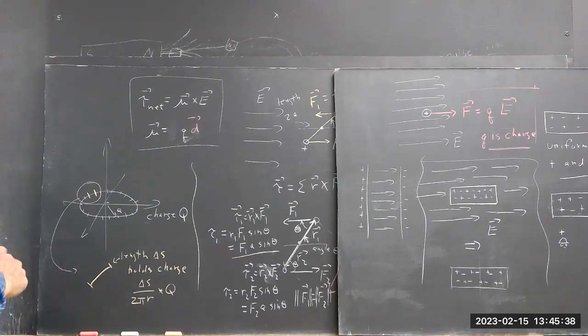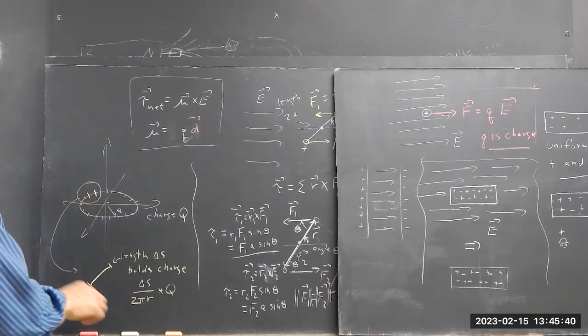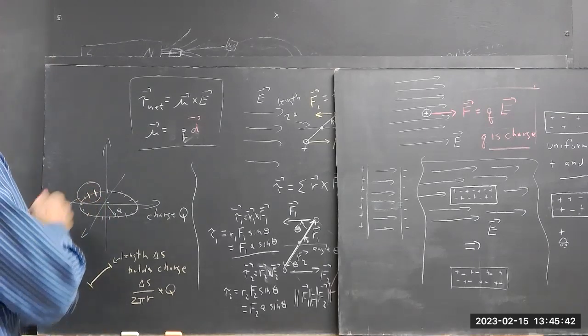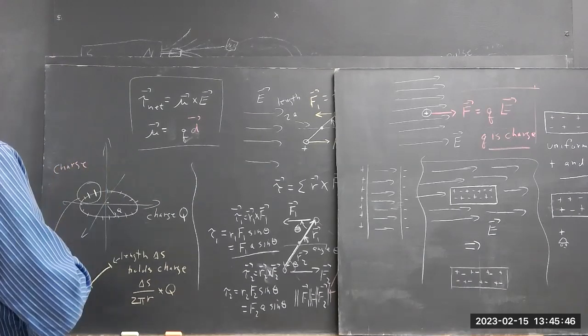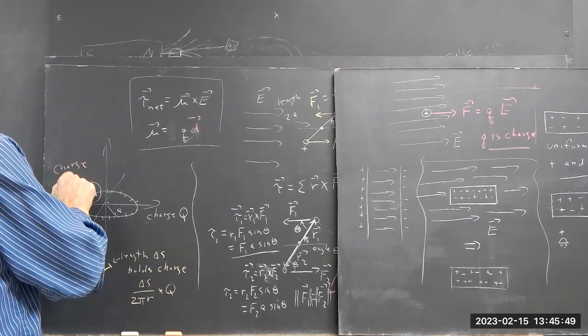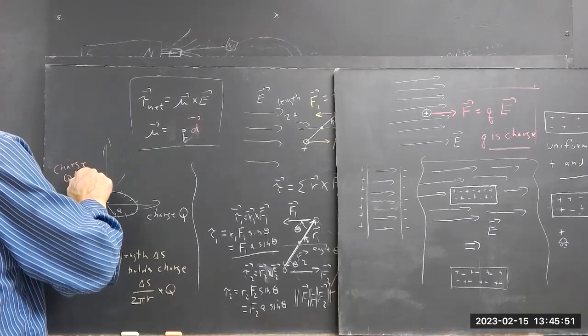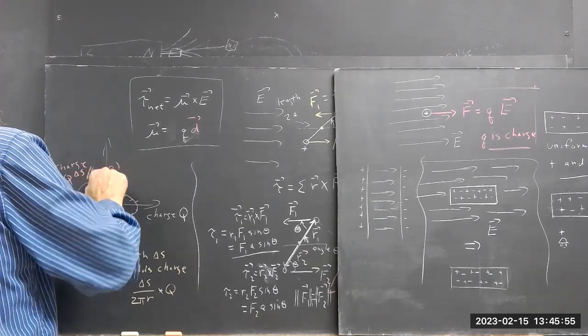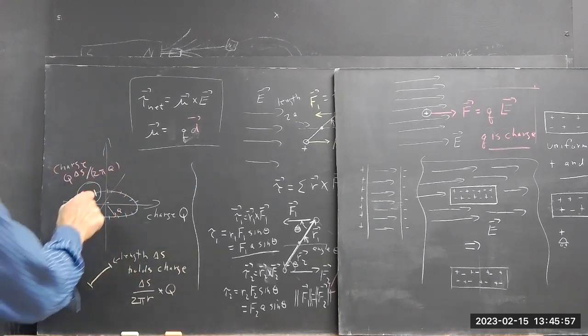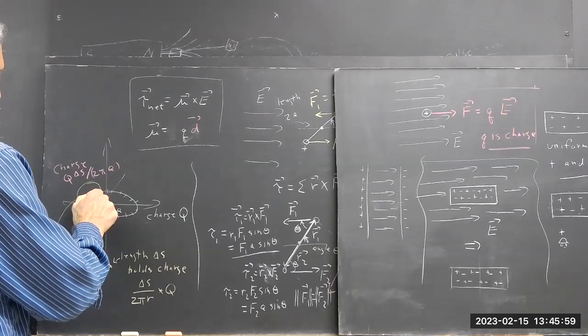Okay. So now we have charge, Q delta S over 2 pi A. There's our charge.